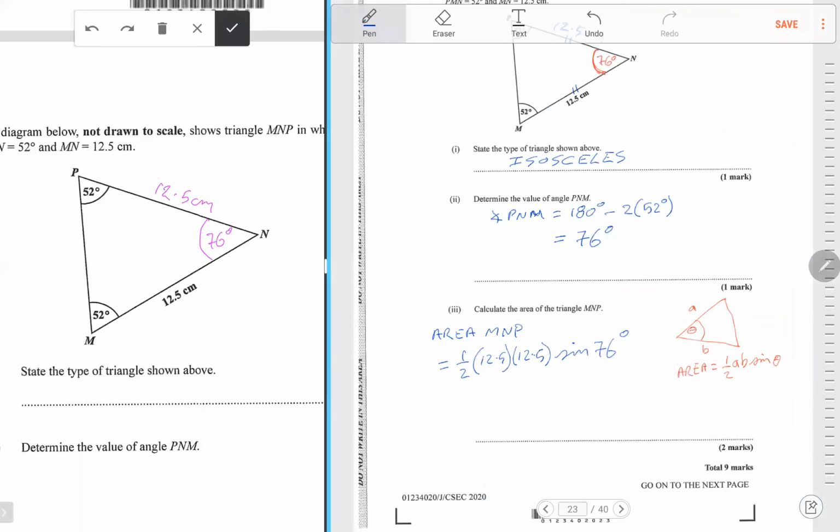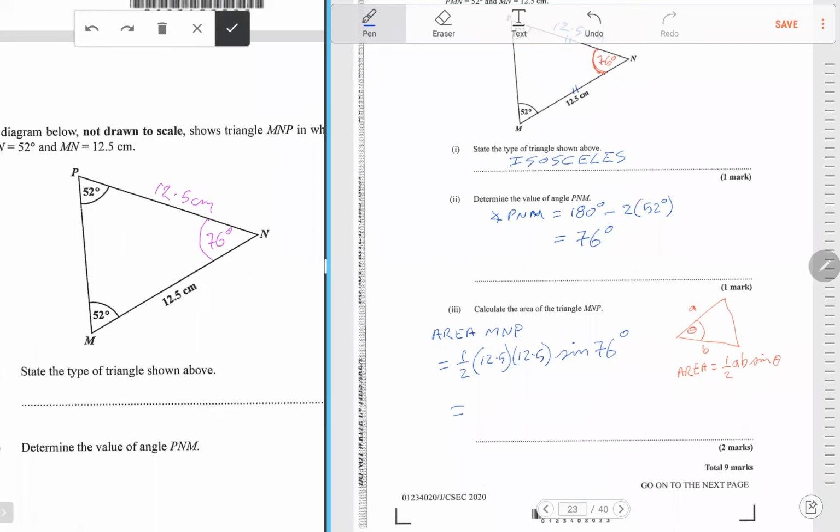You don't have to work it out piece by piece. Just type everything in the calculator: 0.5 times 12.5 squared times sine of 76. Make sure the calculator is in degrees. Tell me what you get.